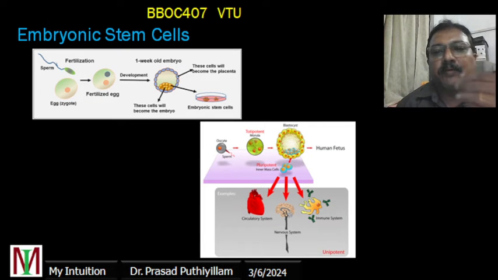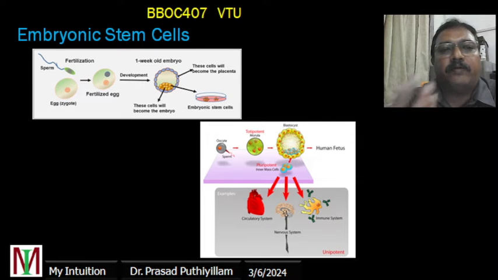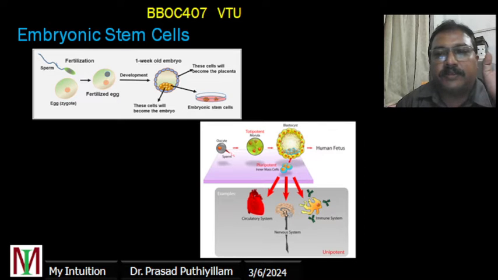Okay, so this is a single one. After some 3 days, up to 6 to 10 cells will be formed. On the 5th or 6th day, or within a week, the fertilized egg reaches a stage called the blastocyst.